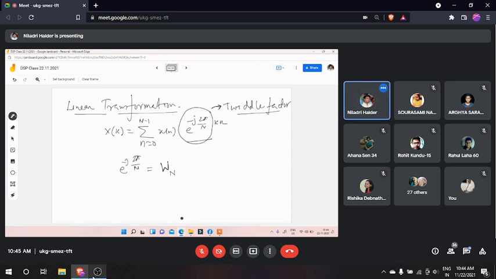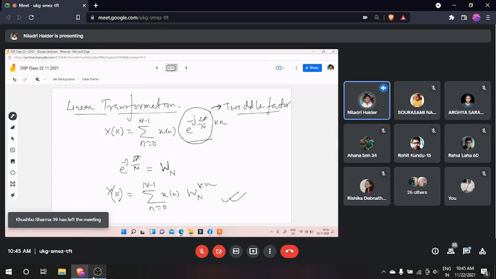So if we represent that equation by Wn, in some books we can see the formula like that: summation n equal to 0 to capital N minus 1, xn Wn to the power kn. In some books, you can see the formula has been written like that.